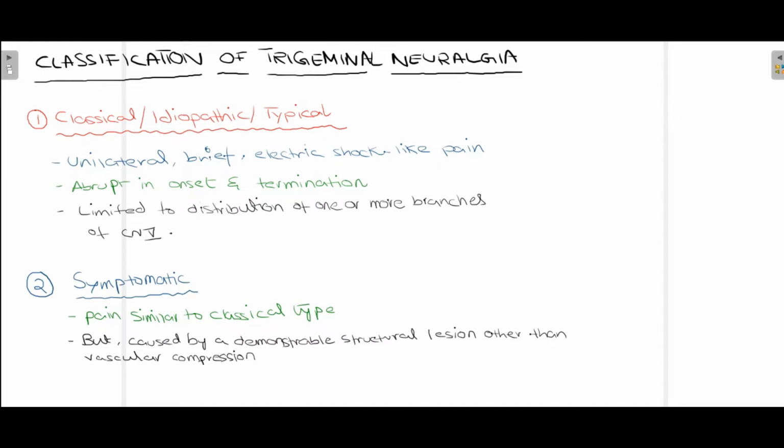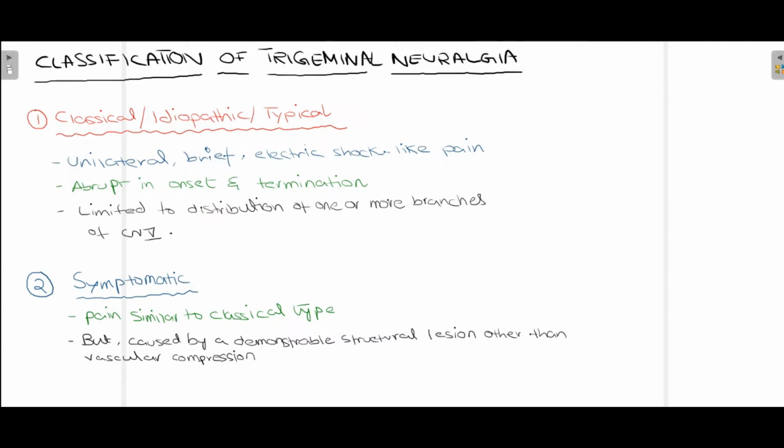Moreover, the pain is abrupt in onset. It comes and goes suddenly. There is no set time for this pain to occur, and it occurs randomly during any part of the day. This pain is limited to the distribution of one or more branches of the trigeminal nerve.